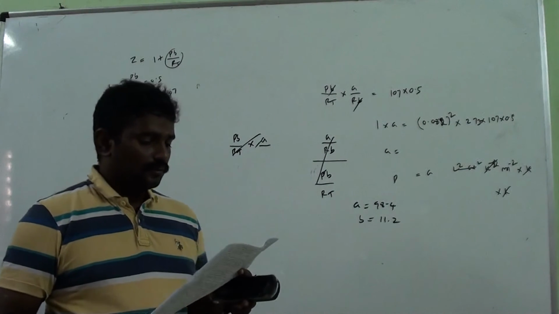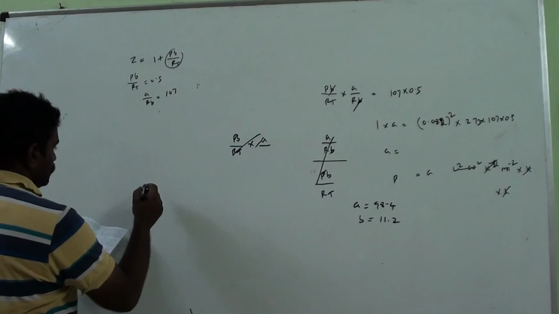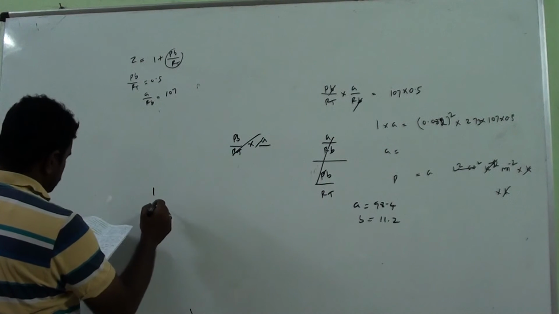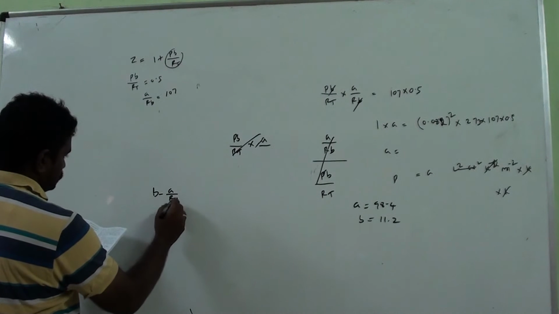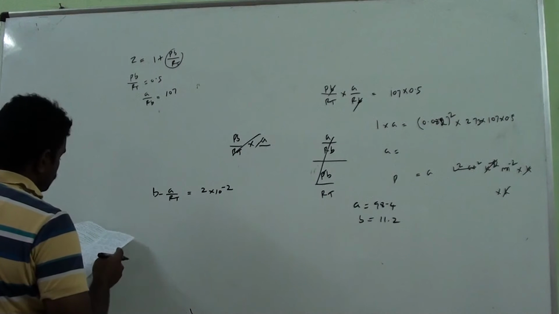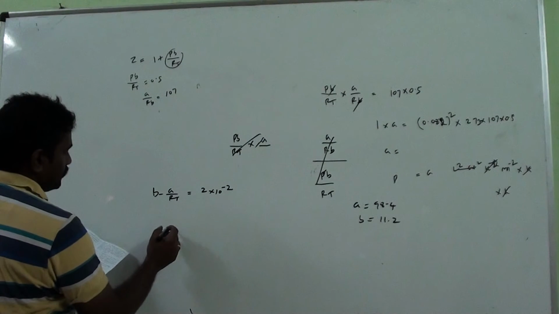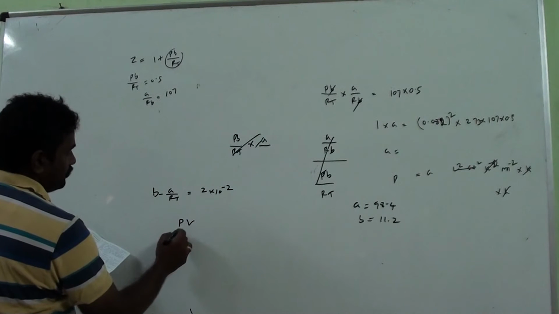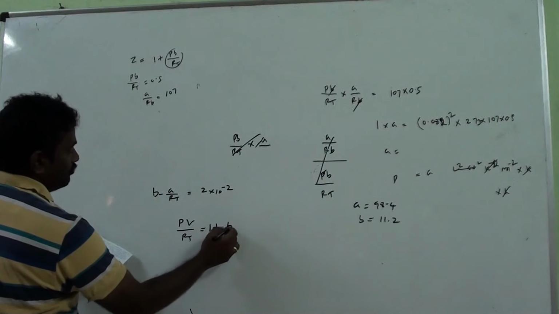31. Second virial coefficient of an imperfect gas. B will be the second virial coefficient. B minus A by R equal to 2 into 10 power minus 2. Calculate the volume. That means compressibility factor PV by RT equals 1 plus B by Vm.